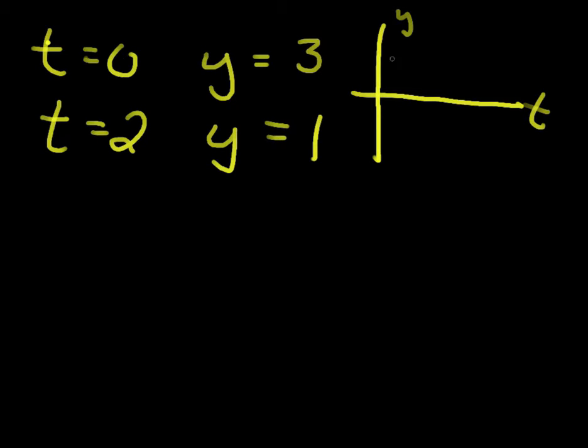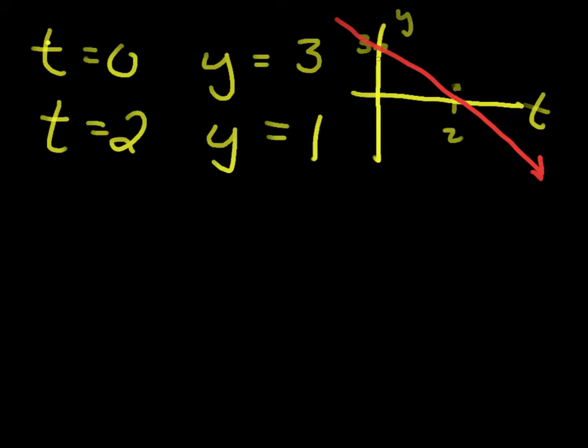So when t is 0, y is 3, so we're right here. And when t is 2, y is 1, so we're right here. Similar to the previous problem, the graph of its movement will look something like this.